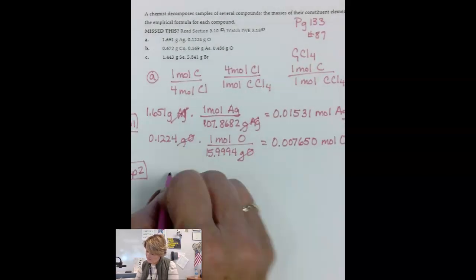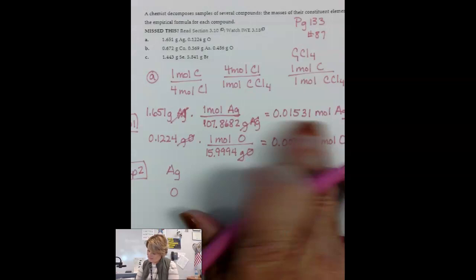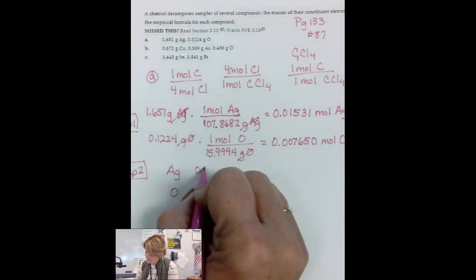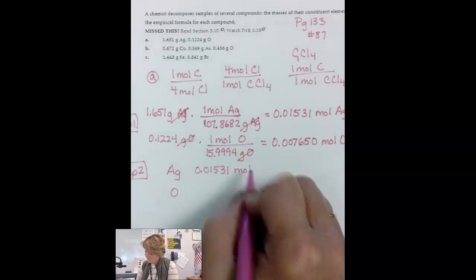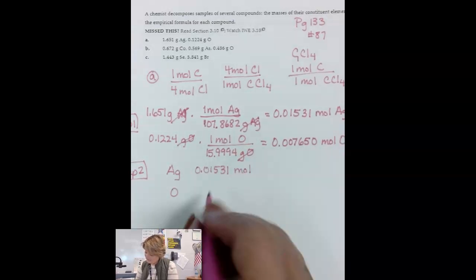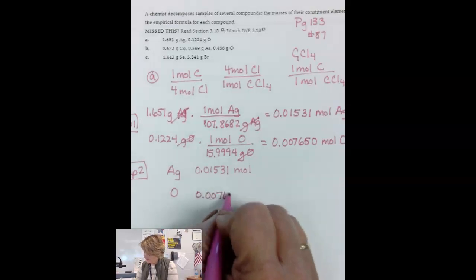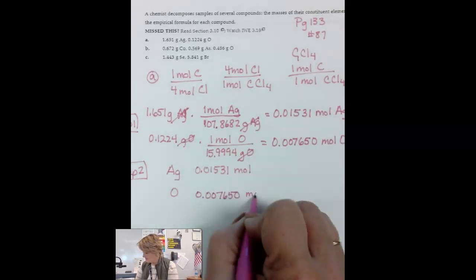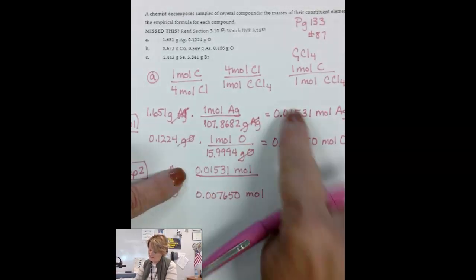So I'm going to do my silver and my oxygen. My silver is 0.0153 moles. My oxygen is 0.007650 moles, okay? And then I divide by the smallest, okay?